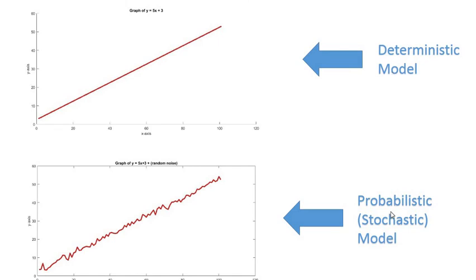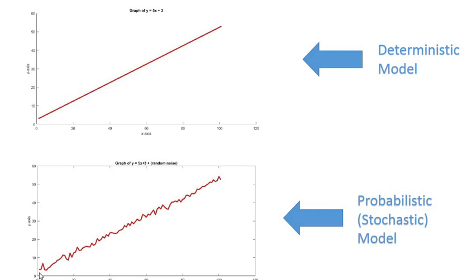And then for a probabilistic model, it has got two parts. It has got the deterministic model, which is 5x plus 1, and then the random noise. The random noise, that's your uncertainty, that's your probability part. So for a stochastic model, you need to have a deterministic part and then the stochastic part.